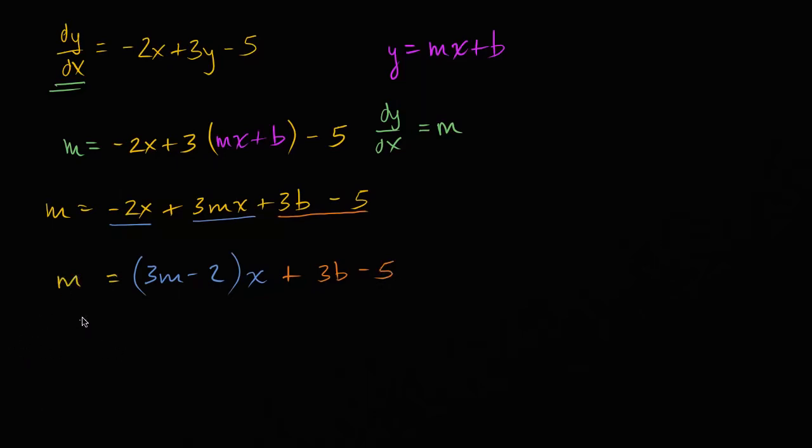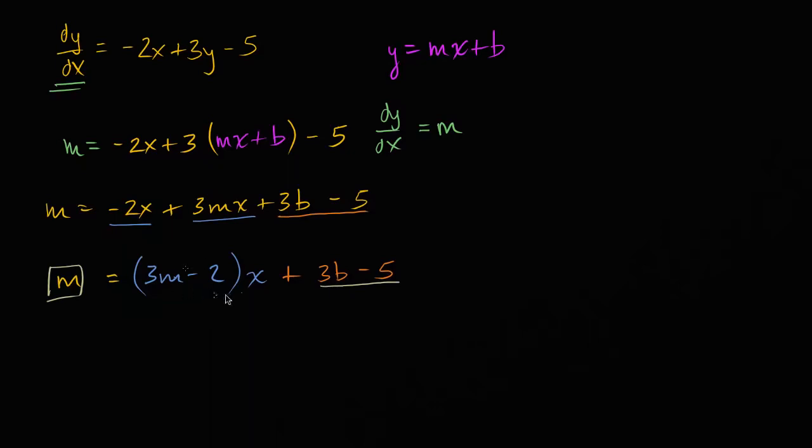Now remember, this needs to be true for all x's. Notice, over here I have some coefficient times x on the right-hand side, but on the left-hand side I have no x's. So somehow this thing must disappear. This is a constant, so it's completely reasonable that this constant could be equal to m.